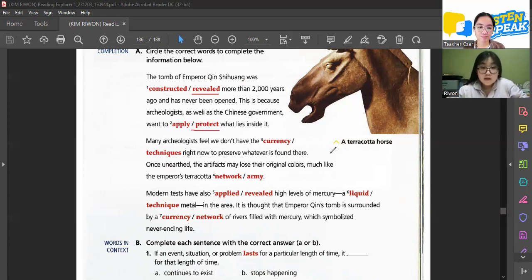Many archaeologists feel we don't have the techniques right now to preserve whatever we find here. Once unearthed, the artifacts may lose their original colors, much like the emperor's terracotta army.